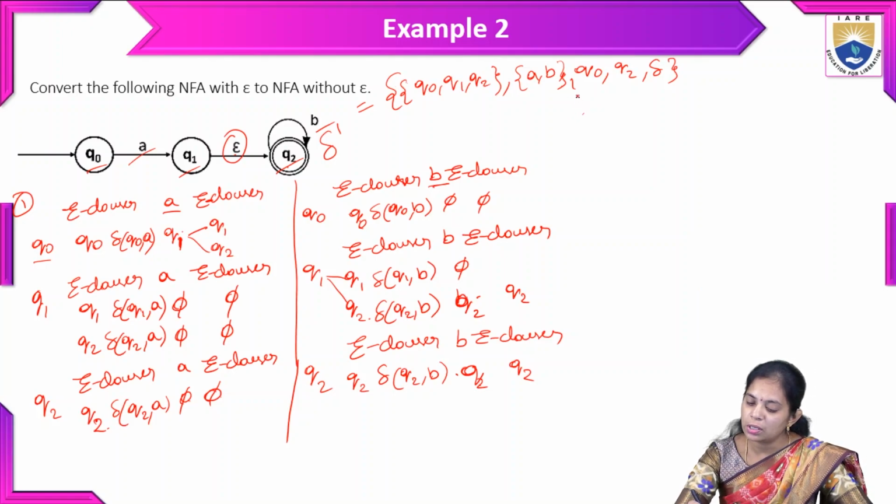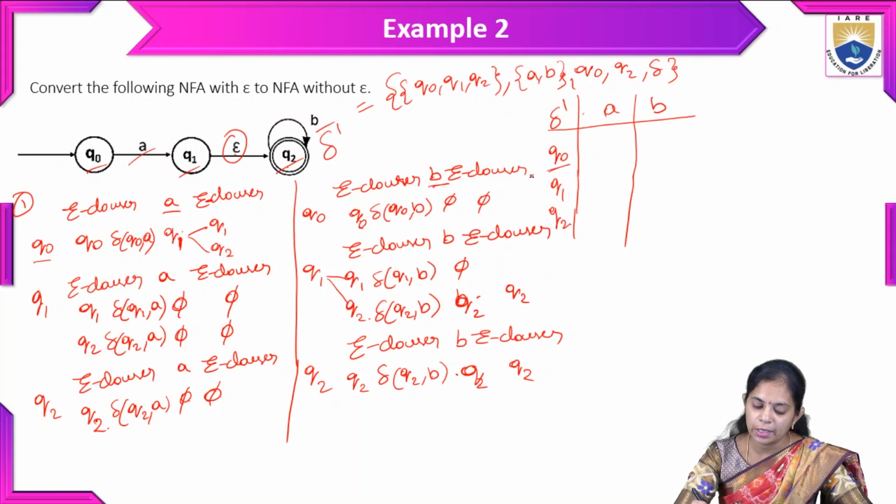So in the transition table, what values do we have? The input values A comma B, and the transitions. And how many states are there? Q0, Q1 and Q2. We need to write these results in this transition table.